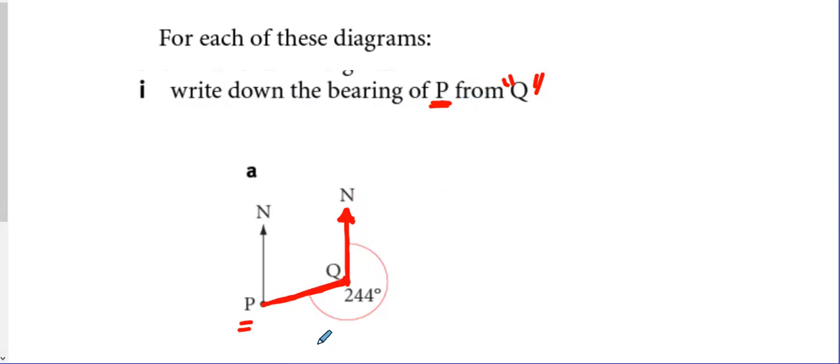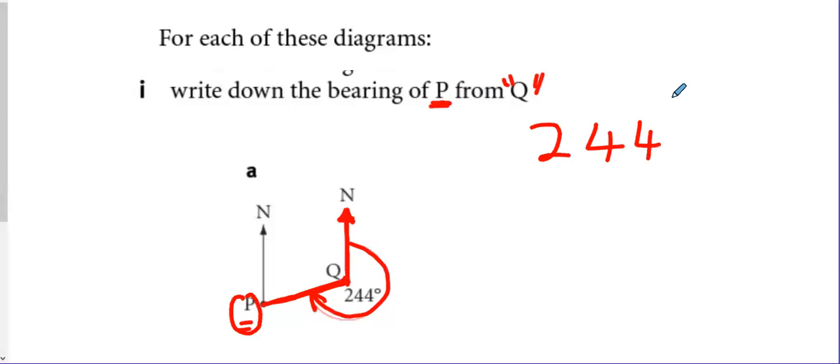Now which angle? The bearing of P from Q is nothing but this angle, which is measured in the sense of clockwise. And that angle, go ahead writing 244 because it's already given for you.